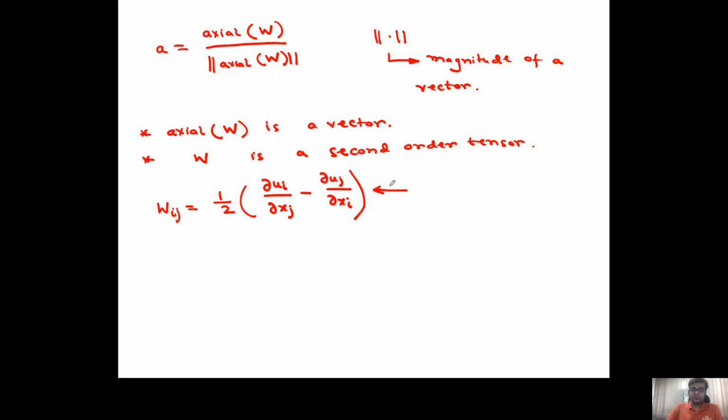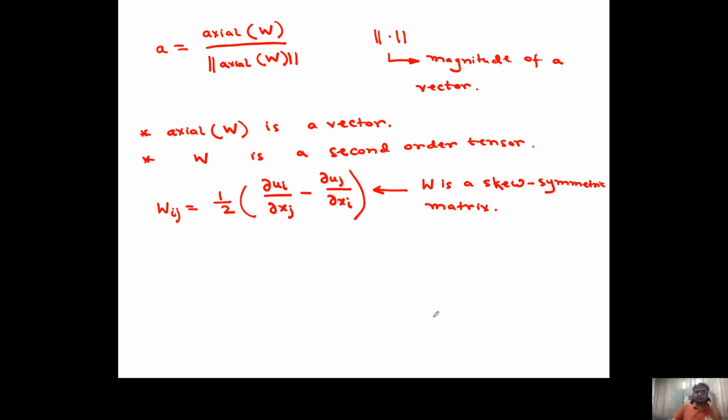What can you say from this? If you think carefully, you can say that W is a skew symmetric matrix. The diagonals will be 0, because when it is ii, these two terms become equal, and that will give you 0. Otherwise, the off-diagonals will be opposite in sign to one another. So W is a skew symmetric matrix.